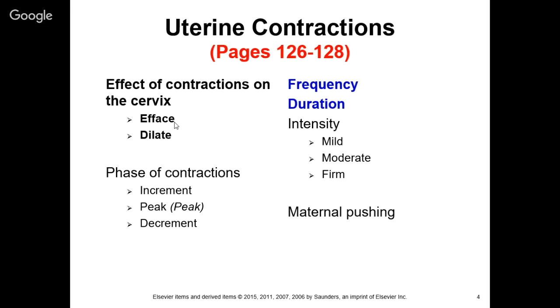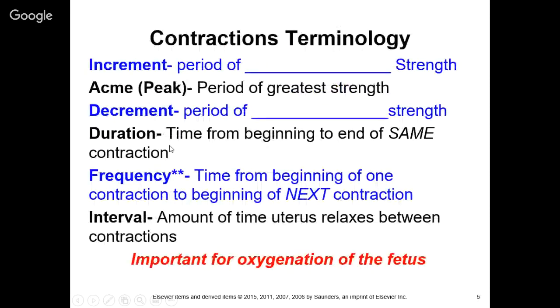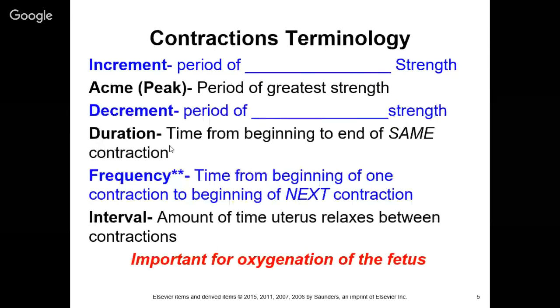There's different intensities: mild, moderate, firm, and then part of uterine contraction is maternal pushing, which is at the end. So increment, a period of increasing strength. Acme, period of the greatest strength. Decrement is the period of decreasing strength.